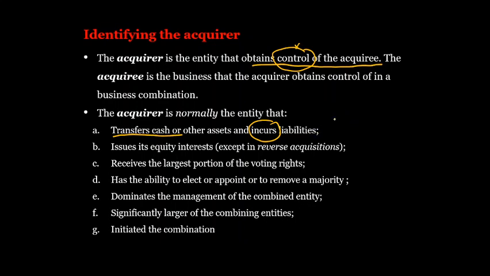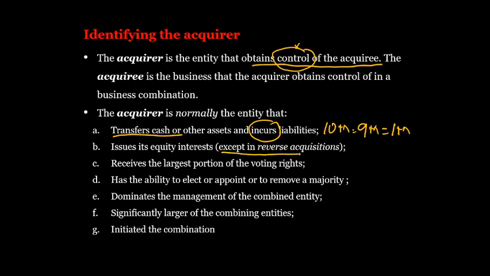Sometimes you can have an agreement of, let's say, 10 million pesos, but the fair market value of the assets transferred or the cash is only, let's say, 9 million. Then you have a liability of 1 million. Also, issues its equity interest, except in reverse acquisition.